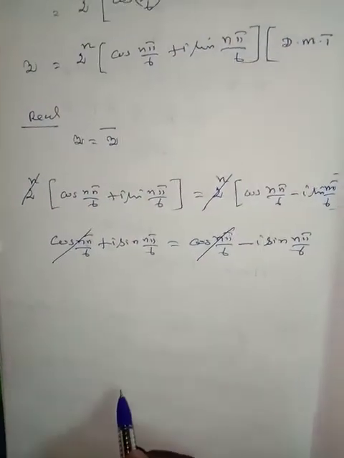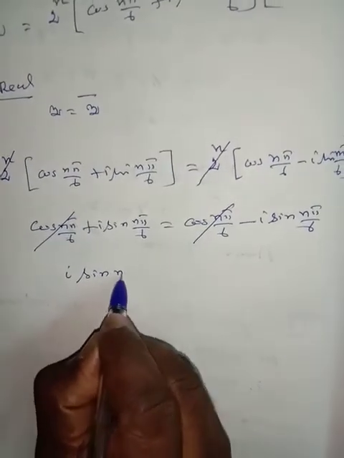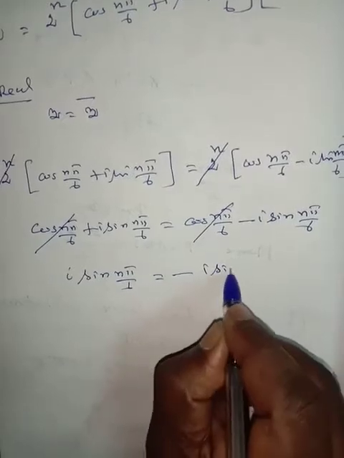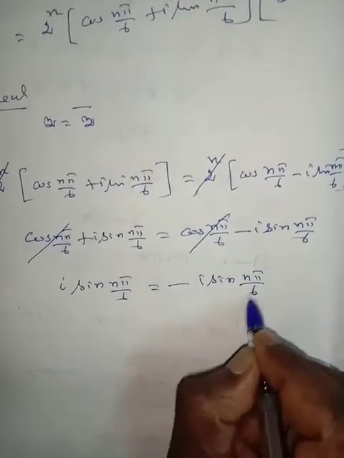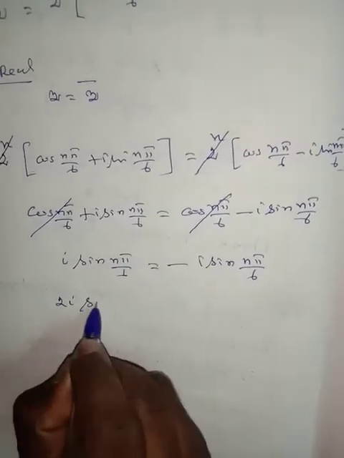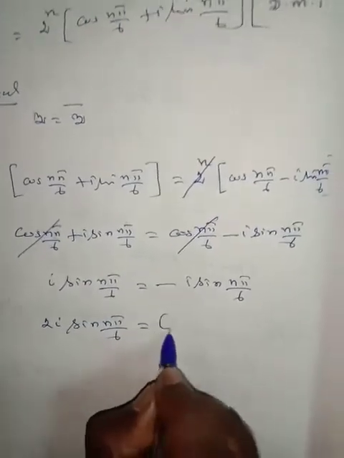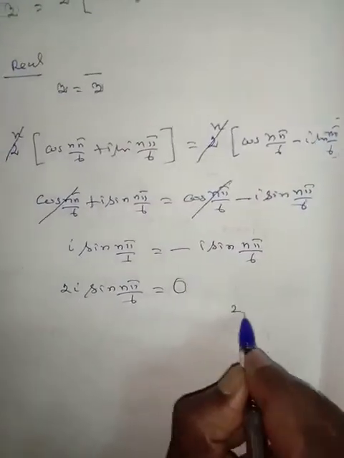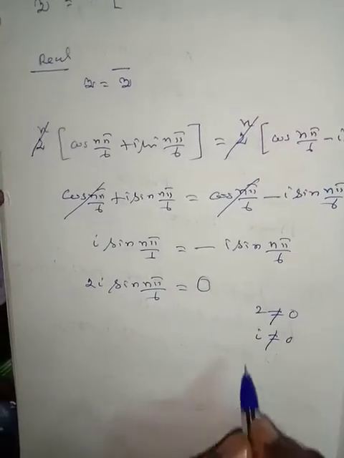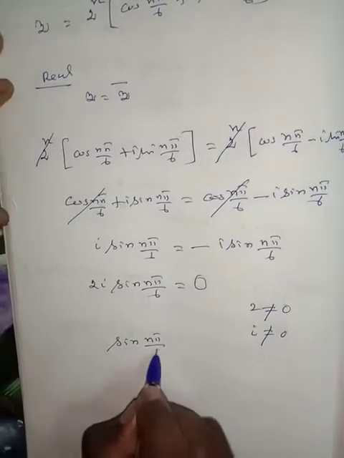First cos n pi by 6 is cancelled. i sin n pi by 6 is equal to minus i sin n pi by 6. So 2i sin n pi by 6 is equal to 0. 2 is not equal to 0, i is root of minus 1, i is not equal to 0. Therefore sin n pi by 6 is equal to 0.